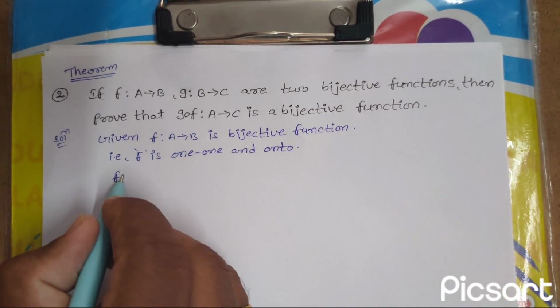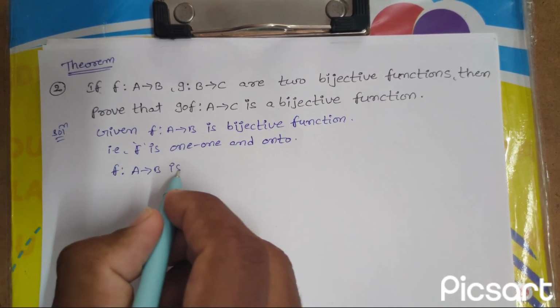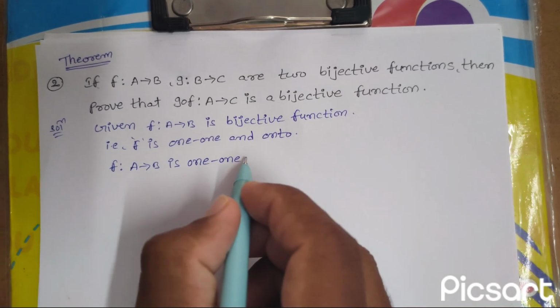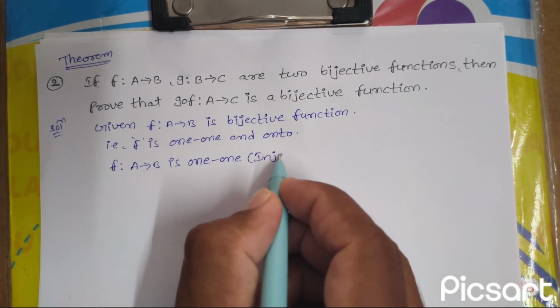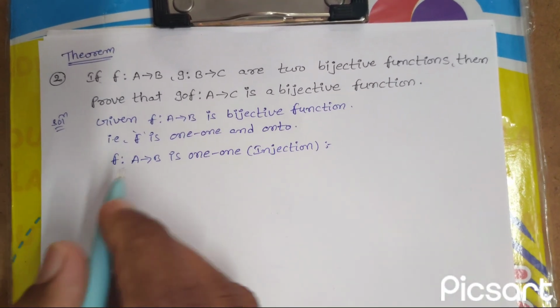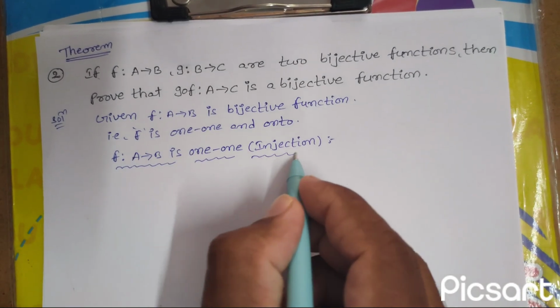So now take F from capital A to B is a 1-1 function. A 1-1 function is known as injection.